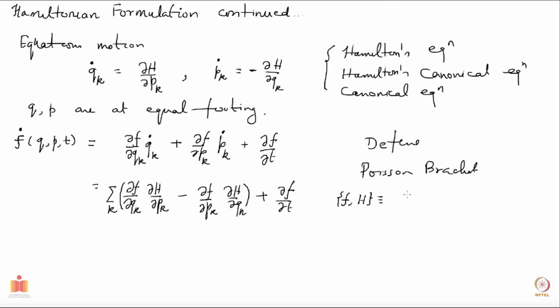Instead of writing it again, let me just show it here. So this is defined to be the Poisson bracket of f and the Hamiltonian H. So with this I get f dot to be equal to the Poisson bracket of f and H plus the partial derivative of f with respect to time.